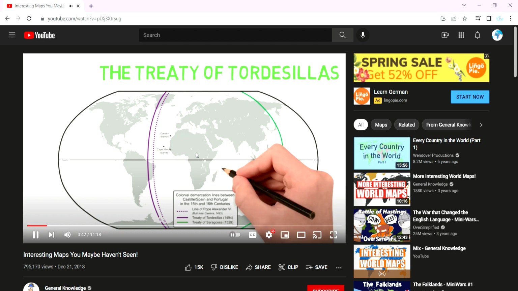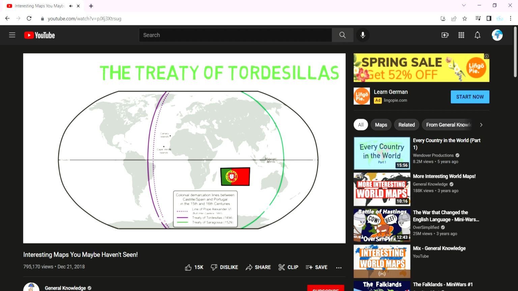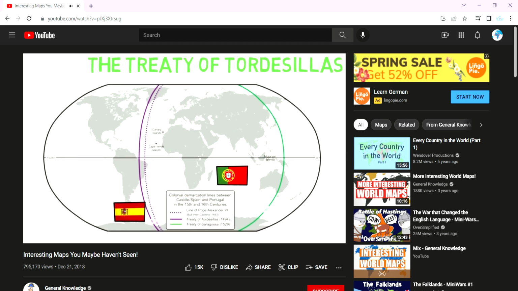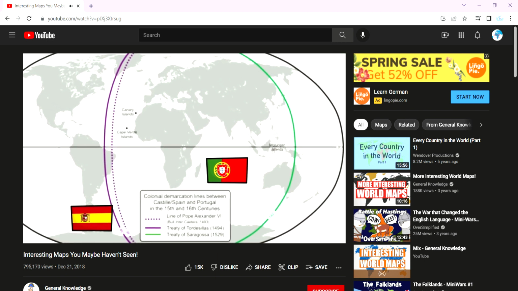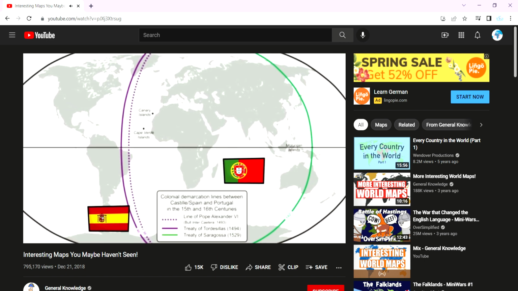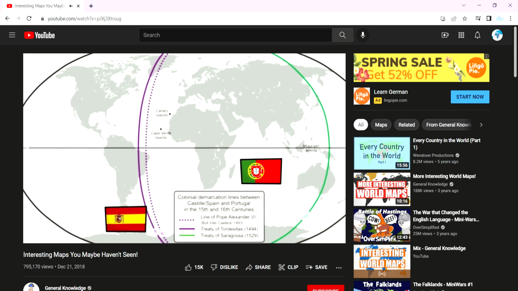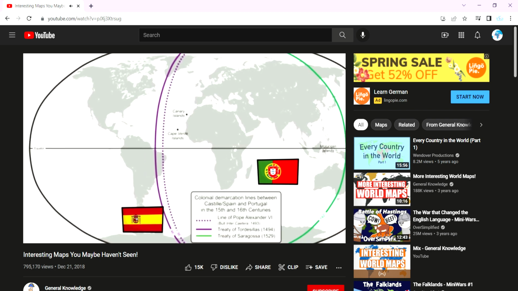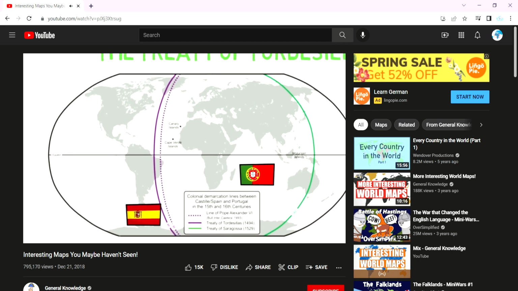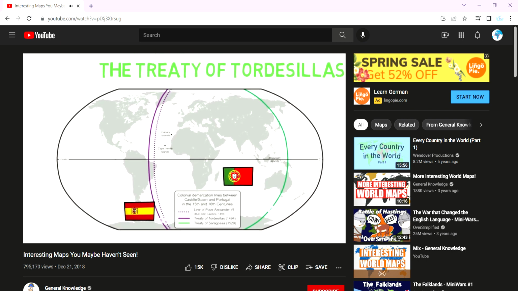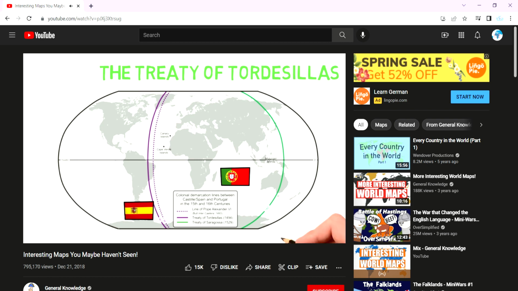Lands outside Europe between the Portuguese Empire and the Crown of Castile, so pretty much Spain. Portugal would have the east and Spain would have the west. It was signed in 1494, and the first line in purple divided the Americas, leaving only a small part of Brazil for Portugal. The second line in green was added in 1529.